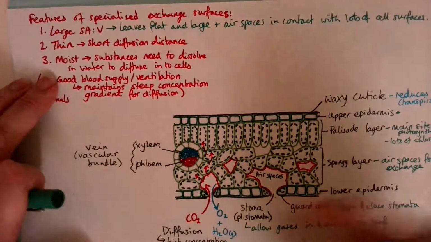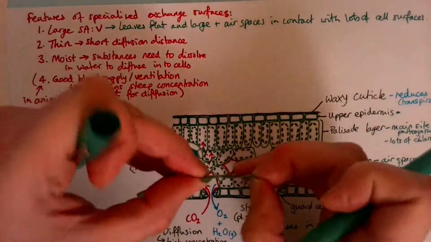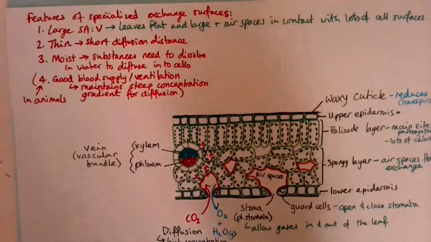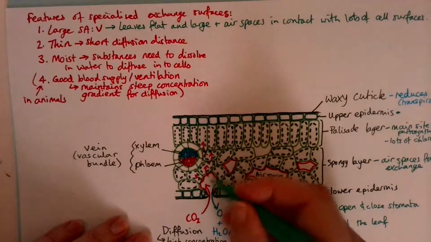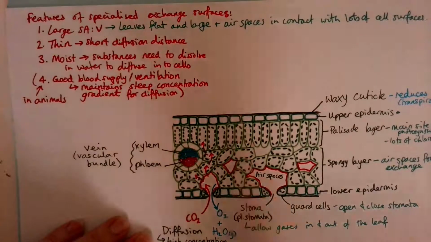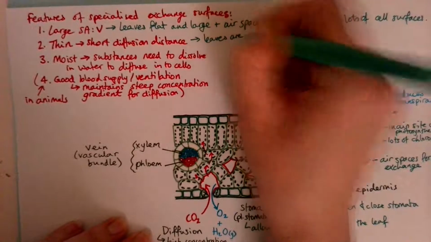Okay, thin. A leaf, if we look at that, a leaf is very thin. And what that means is the distance the gases have to diffuse to get to the cells is really short. So leaves are very thin.